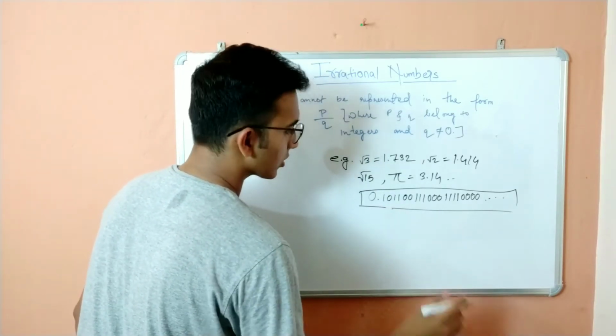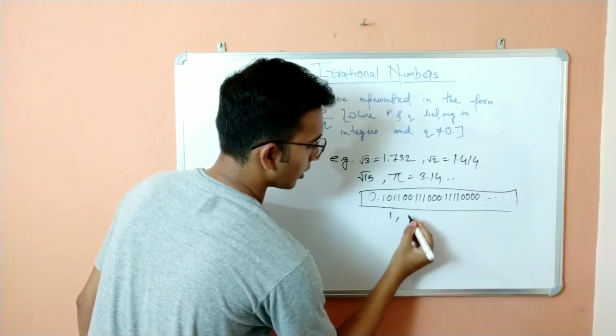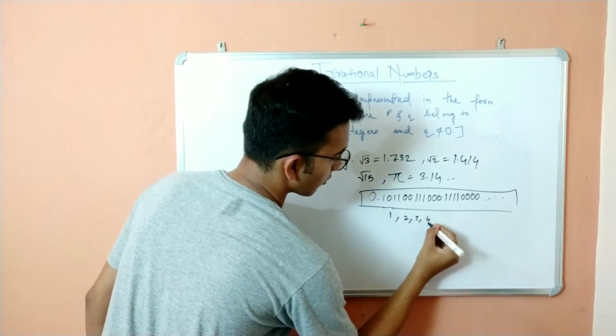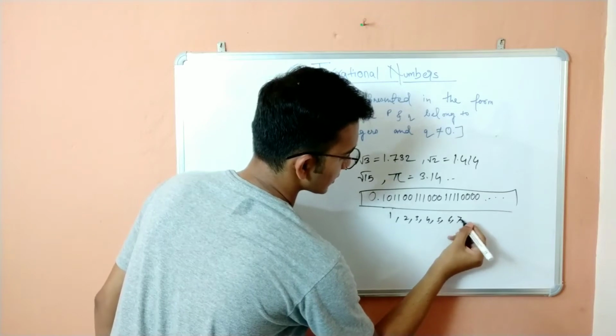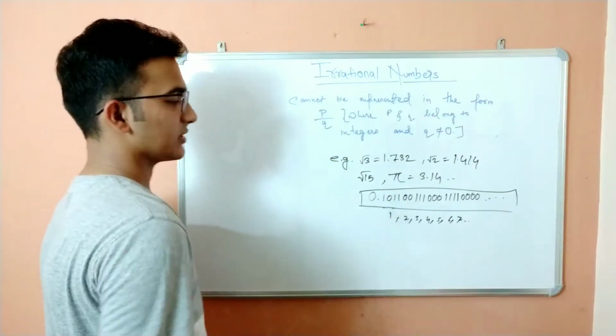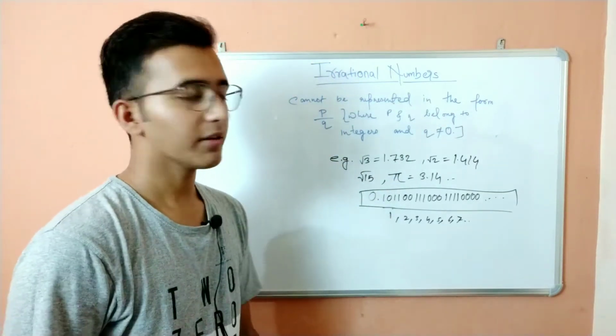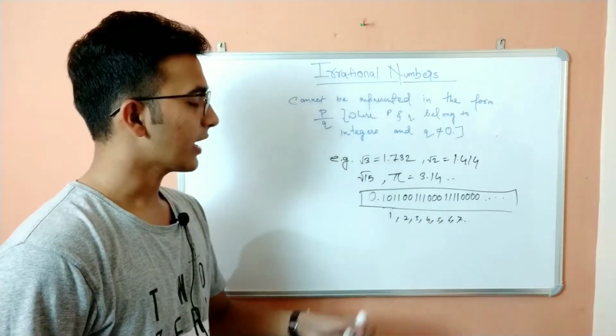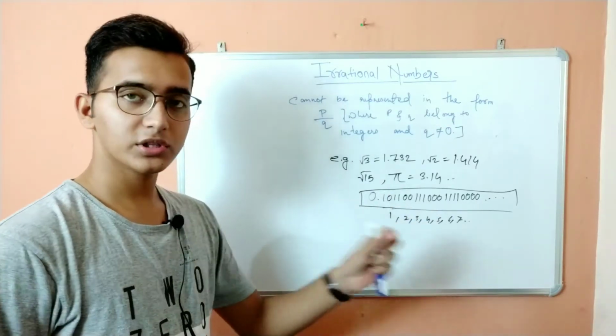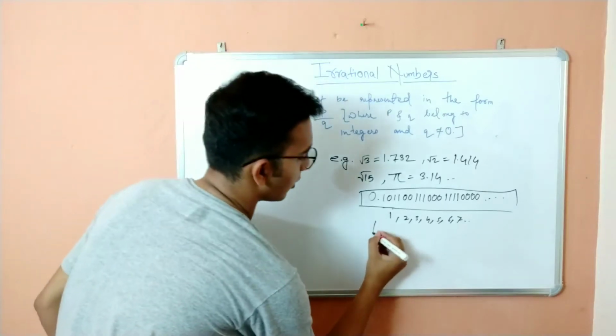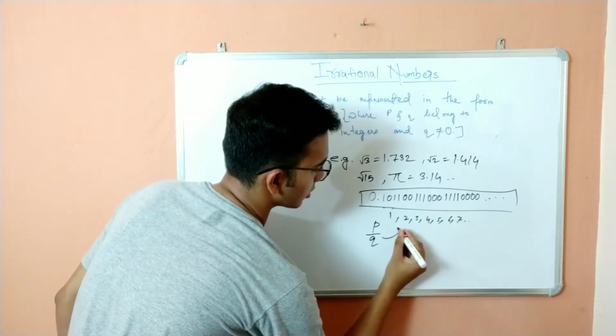Over here you are seeing a specific repetition of 1, 2, 3, 4, 5, 6, 7, and it goes on. This is a very special irrational number. There are many uses of this number, and this number also cannot be represented in the form p by q.